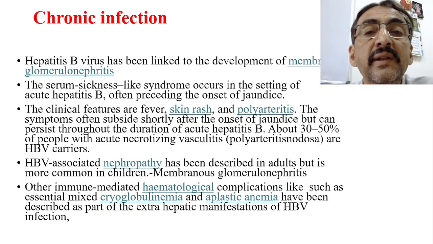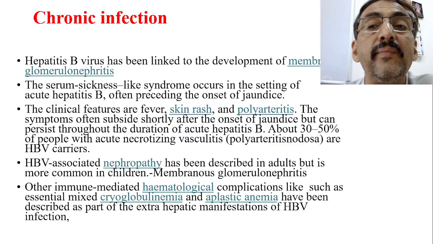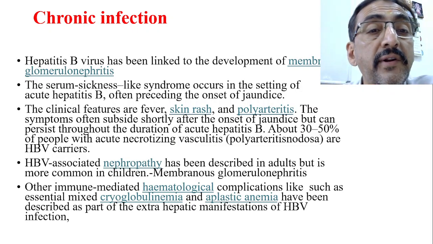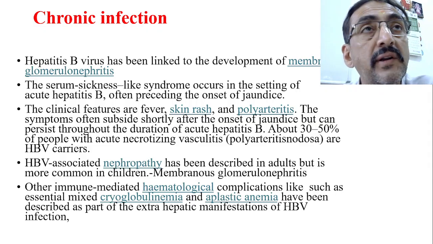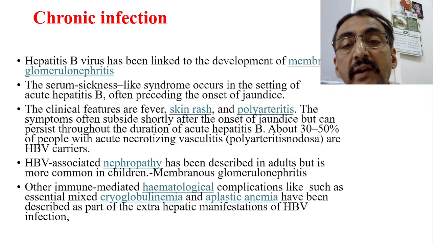Hepatitis B virus has been linked to the development of membranous glomerulonephritis also. Serum sickness-like syndromes occur in the setting of acute hepatitis B, often preceding the onset of jaundice. The clinical features are fever, skin rash, and polyarthritis.